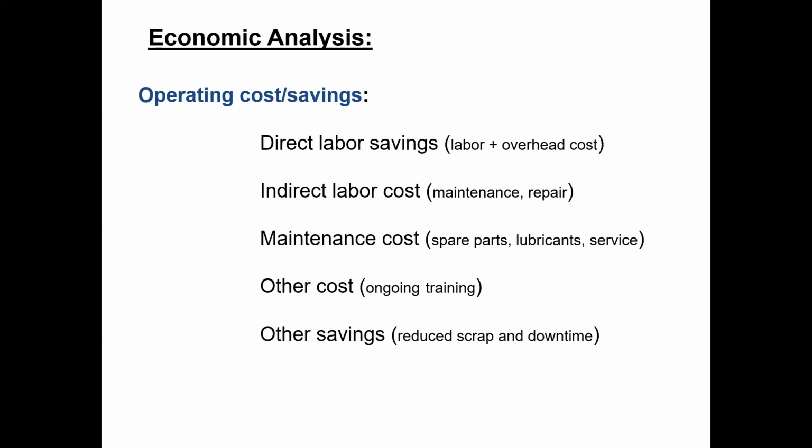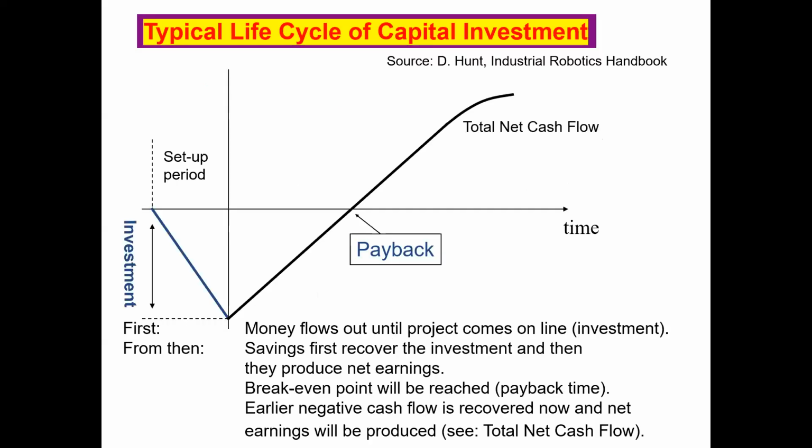The typical life cycle of an investment for a robot starts with the development phase. You spend the money, and after a while it should come back so that you're at zero, the break-even point. And after this moment, after the payback, you should make some money out of it.